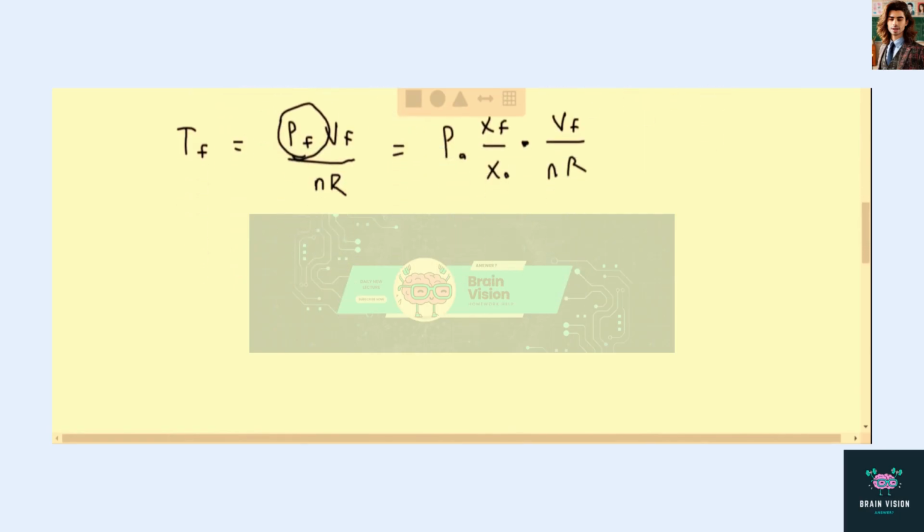But no worries, because there is a solution. What we're going to do here is just use the ideal gas law for the initial setup, which is going to be P naught V naught equals n R T naught. And we can just substitute in for the P naught over N here. So if I rearrange this equation to get P naught over N, so divide both sides by N and divide both sides by V naught, I will get R T naught over V naught.